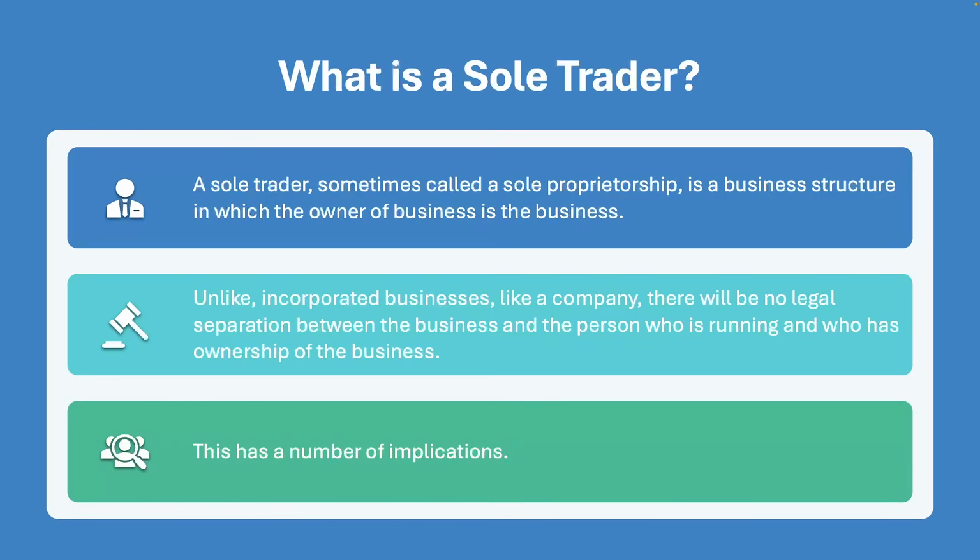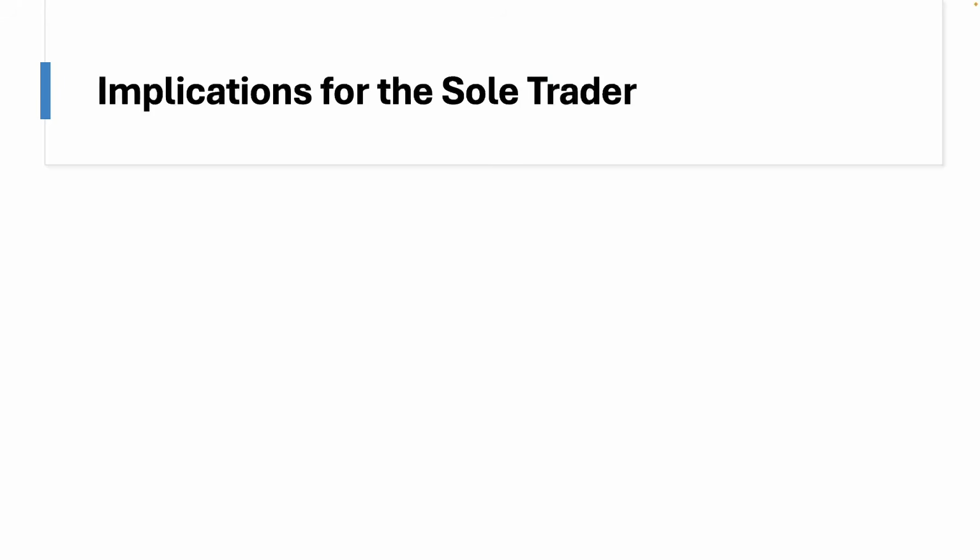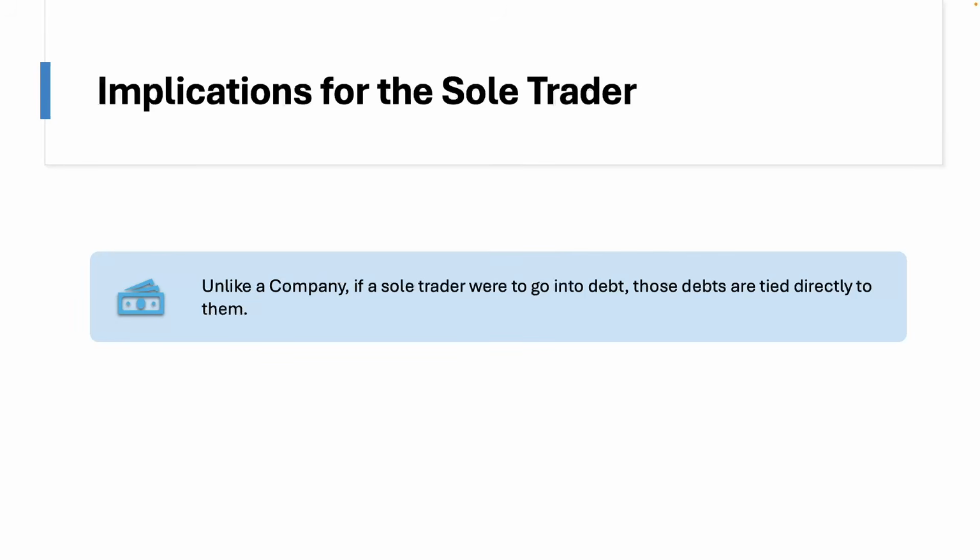This has with it a number of implications. What are the implications of having a business structure in which you are in fact just the business? Well, the implications for a sole trader are quite numerous. Unlike with a company, if a sole trader were to go into debt, let's say they have a lot of overheads for payment, maybe they have apprentices or employees, or equipment that they need to uphold, or rented property, for example an office, and they don't have enough money coming in, they can go into debt.